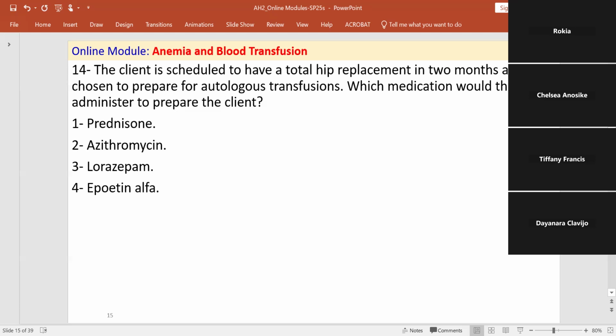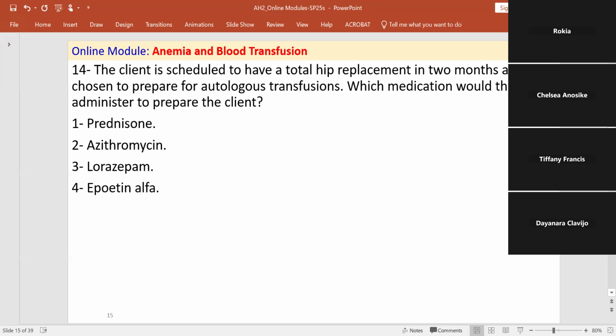And a unit of blood can be withdrawn once a week, beginning at 6 weeks before surgery. So this is the protocol for this patient. We are going to put them on epoetin alpha in conjunction with the iron supplement, and we are going to withdraw a unit of blood once a week, beginning at 6 weeks before surgery.